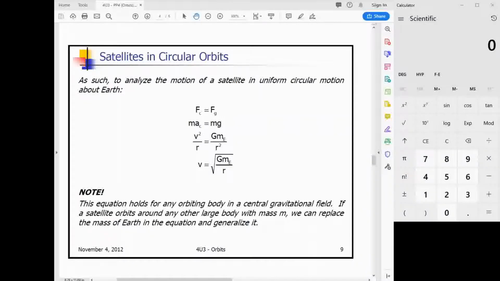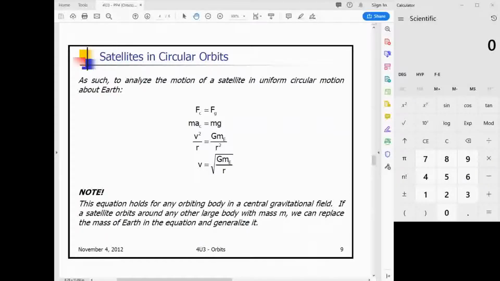And the force of gravity is equal to m times that acceleration, which was g, lowercase g. We learned in the previous lecture that g is equal to big G times the mass of our planet or our larger body divided by the distance between the two squared.